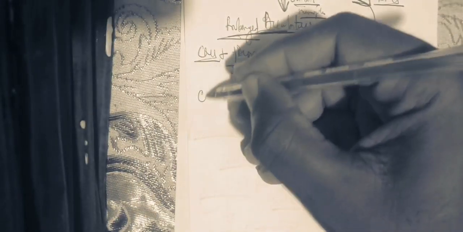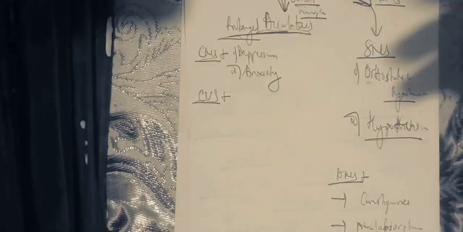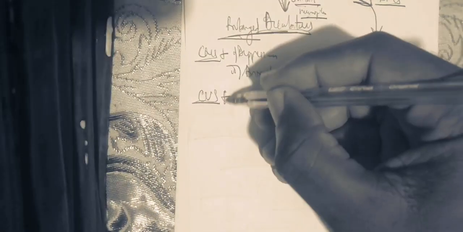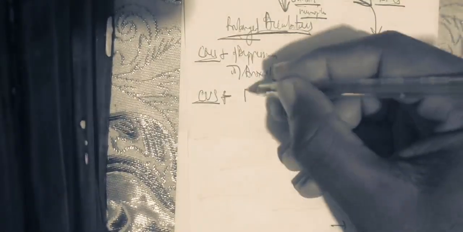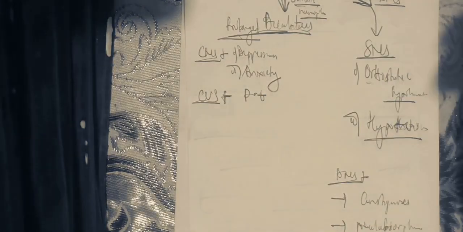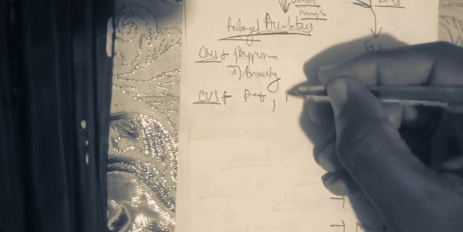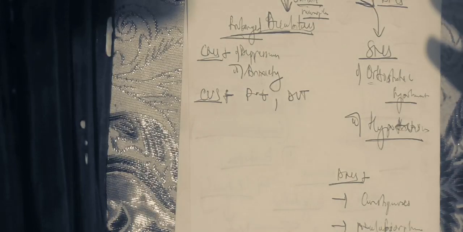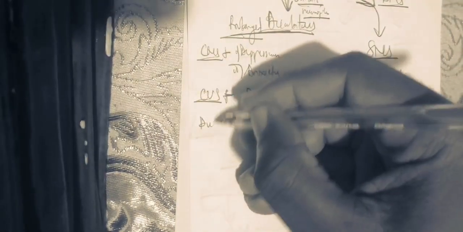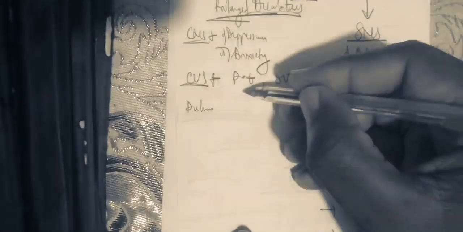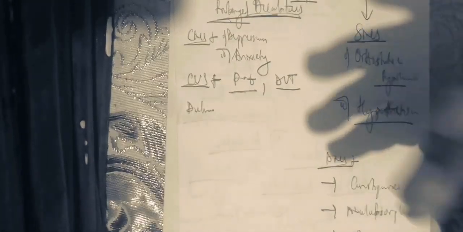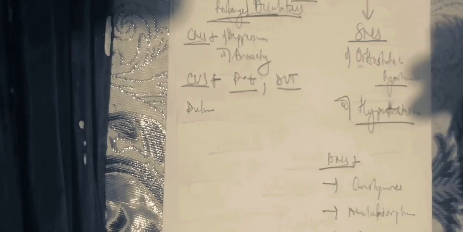The next one is the cardiovascular system. In the cardiovascular system, you are going to have pulmonary embolism and deep venous thrombosis. The mechanism is a reduced muscle pump mechanism.